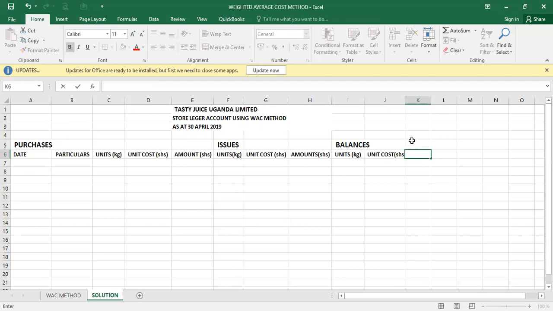Amount, that is in shillings. It's also in shillings.